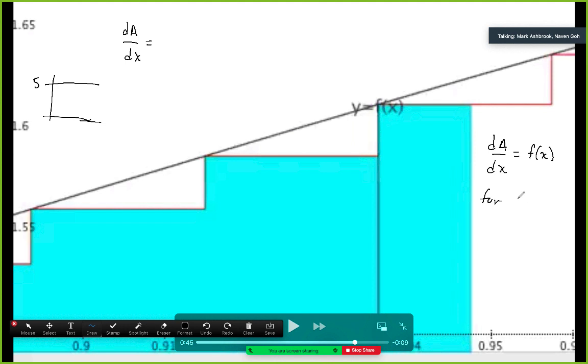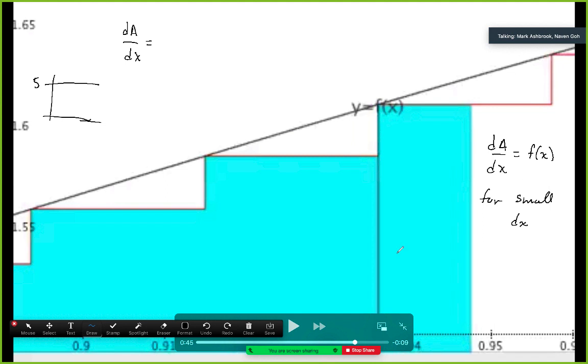But that would be for small dx, right? We got to keep dx really small so that we can assume the function is constant over that small change in x. As soon as you make the change in x too big, f of x changes too much, and that isn't accurate anymore.